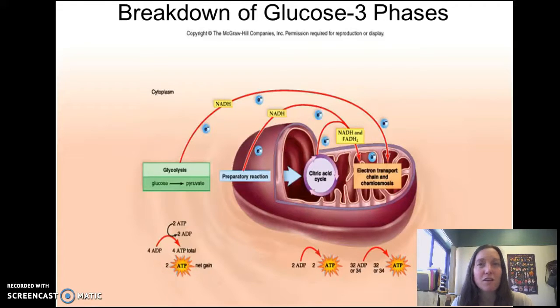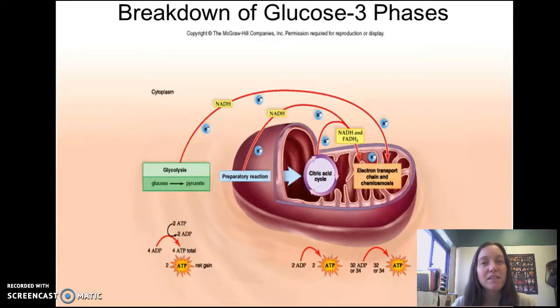The sugar then is smaller, in 2 parts, and goes into the mitochondria, crossing the double membrane and getting into the matrix. In the matrix, the citric acid cycle breaks down the glucose molecules, the 2 of them, into further products. And along the way, electrons and hydrogens are removed.